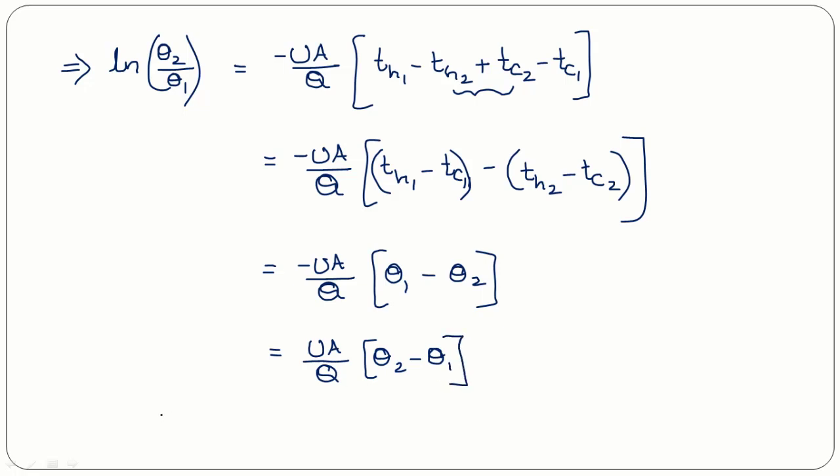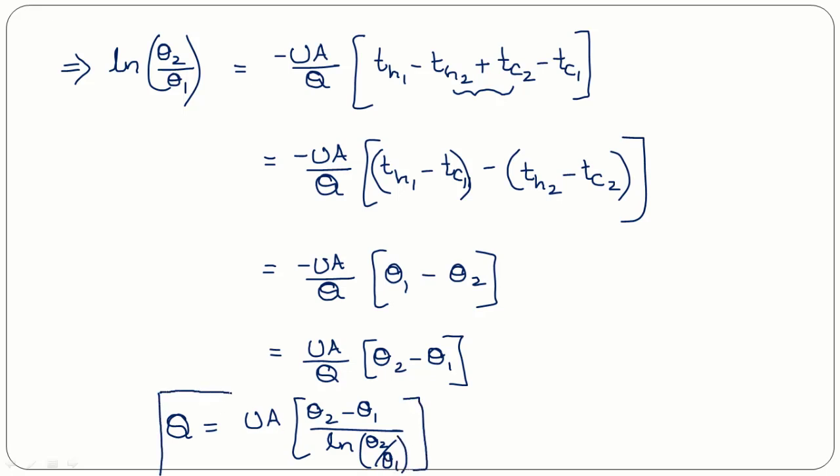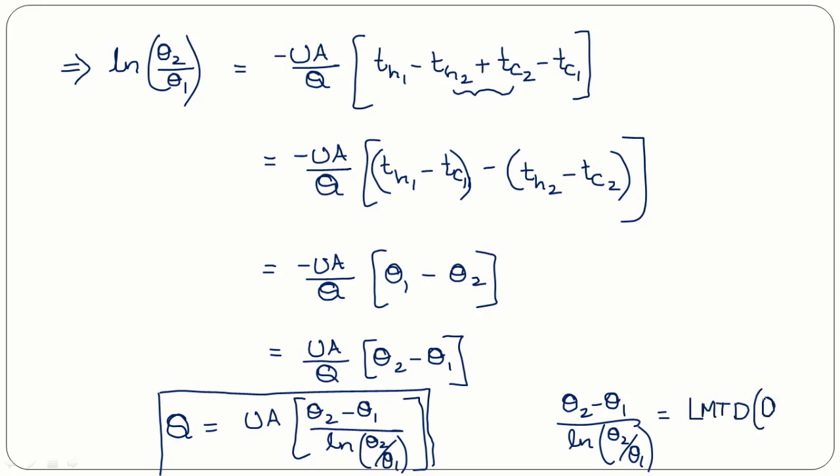And finally, heat transfer Q will be UA into theta 2 minus theta 1 by ln theta 2 by theta 1. So this is the formula for heat transfer, and this theta 2 minus theta 1 by ln theta 2 by theta 1 is called the logarithmic mean temperature difference, which can also be represented as theta m here.